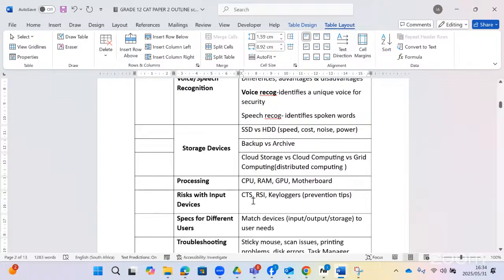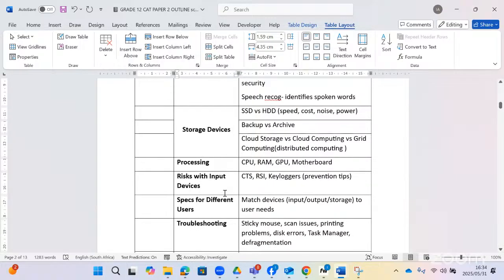Now, risk with input devices. When you are using input devices, what are some of the risks you might encounter? For example, CTS, carpal tunnel syndrome, RSI, repetitive strain injury, and then we also have keyloggers, how to prevent keyloggers.